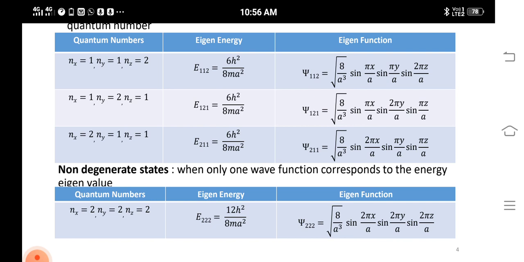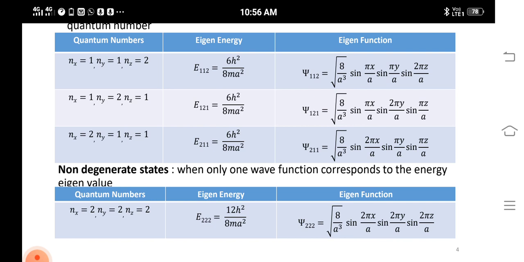It is also applicable for E222, that is, the eigen energy level for different quantum numbers. E222 is 12 h square divided by 8 m a square. Likewise, for the eigenfunction, sine 2 pi x by a, sine 2 pi y by a, sine 2 pi z by a into square root of 8 by a cube.